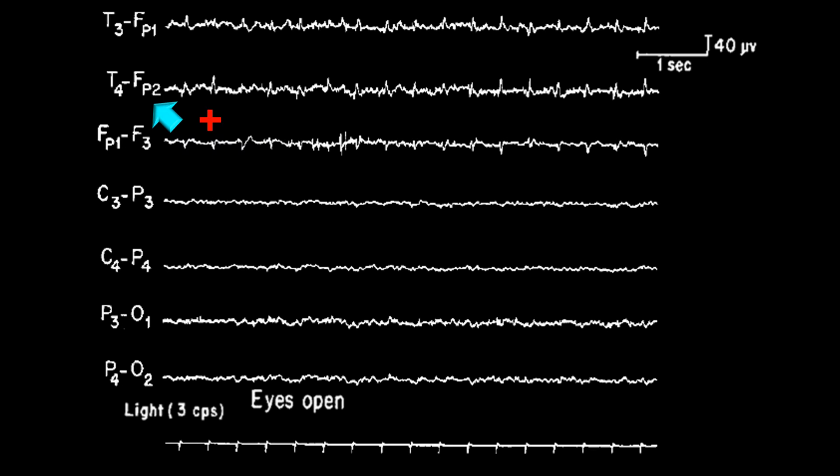This is present at FP2 as well. And again, we can see it here at FP1. This sharp wave corresponds with photic stimulations. These are electroretinal discharges.